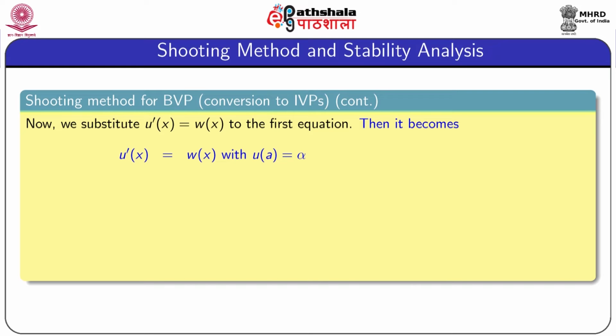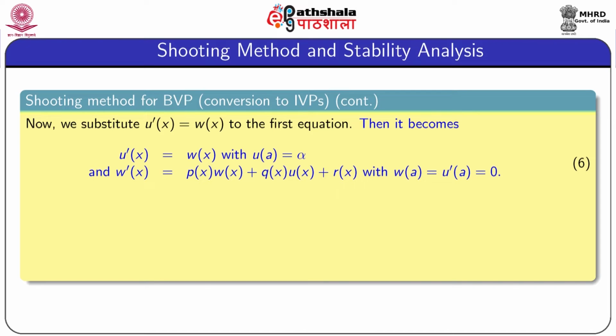Then it becomes u'(x) equal to w(x) with u(a) equal to alpha, and the second equation of the first problem is w'(x) equal to p(x) w(x) plus q(x) u(x) plus r(x) with the initial condition w(a) equal to u'(a) equal to 0. So, this is a pair of first order differential equations of the form dy/dx equal to f(x, y, z), and this can be solved by the Runge-Kutta method.